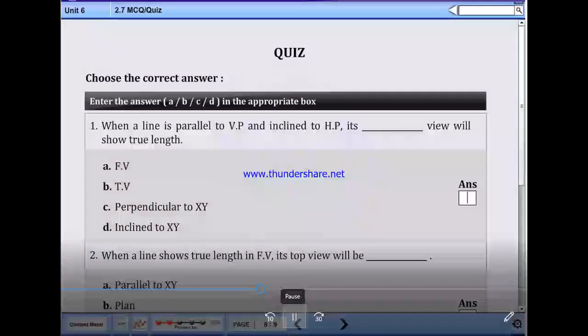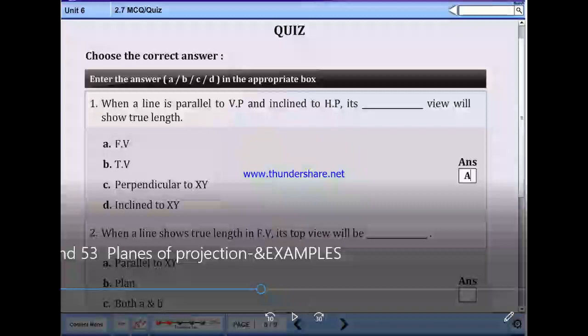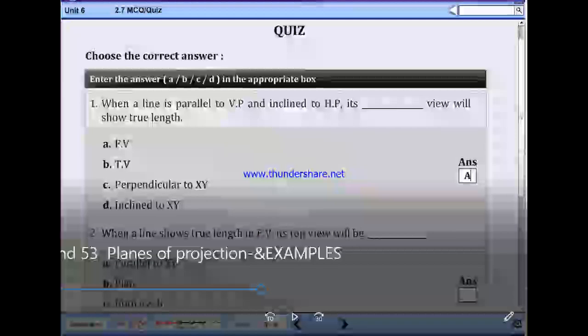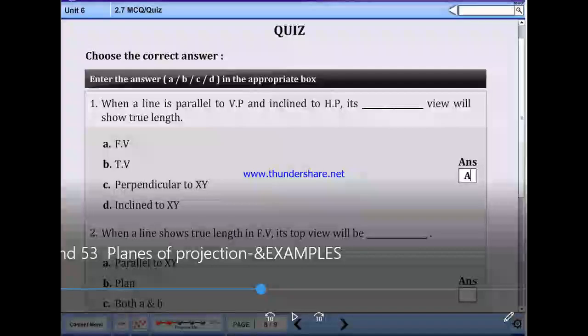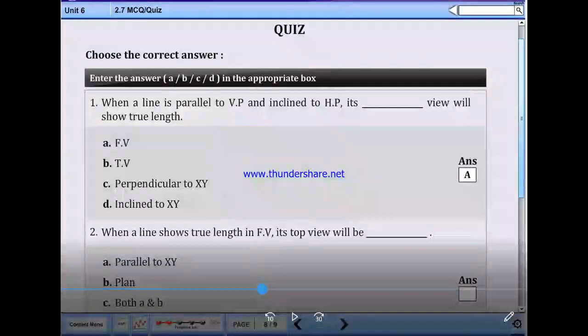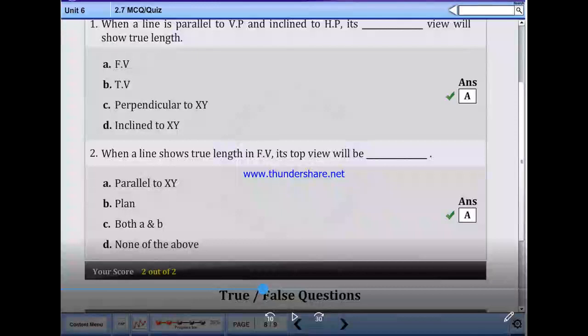Now we are going to learn the quiz questions. First question. When a line is parallel to the vertical plane and inclined to the horizontal plane, its dash view will show true length.